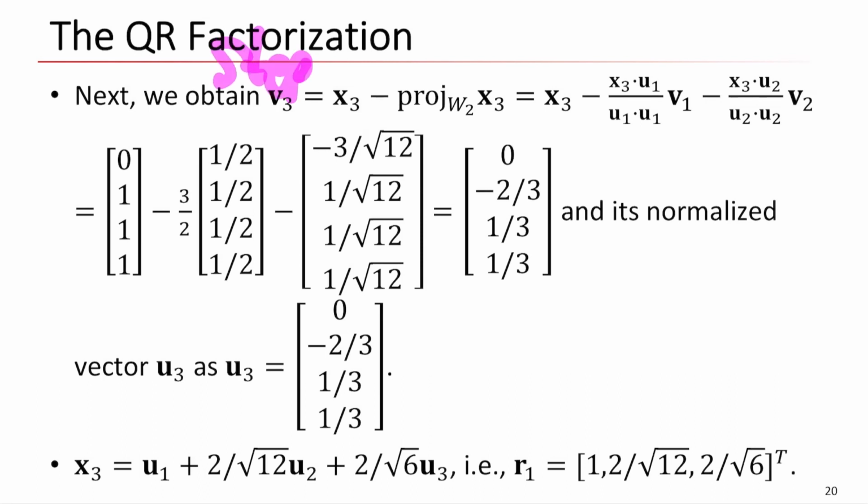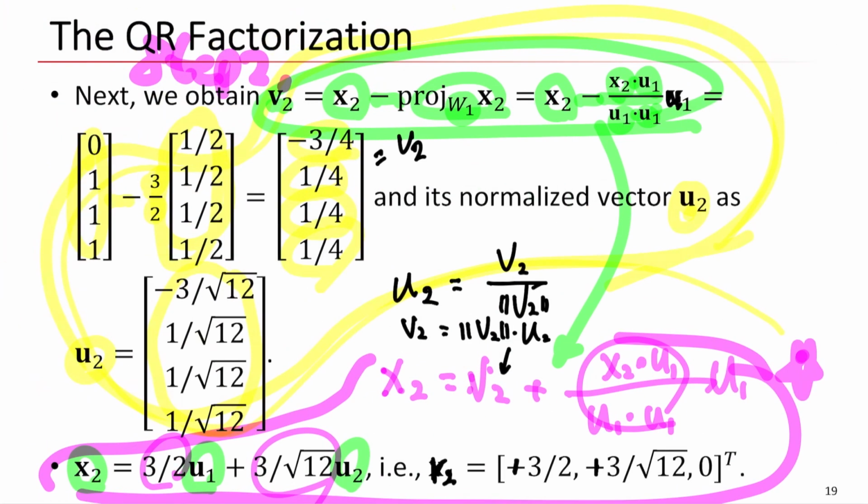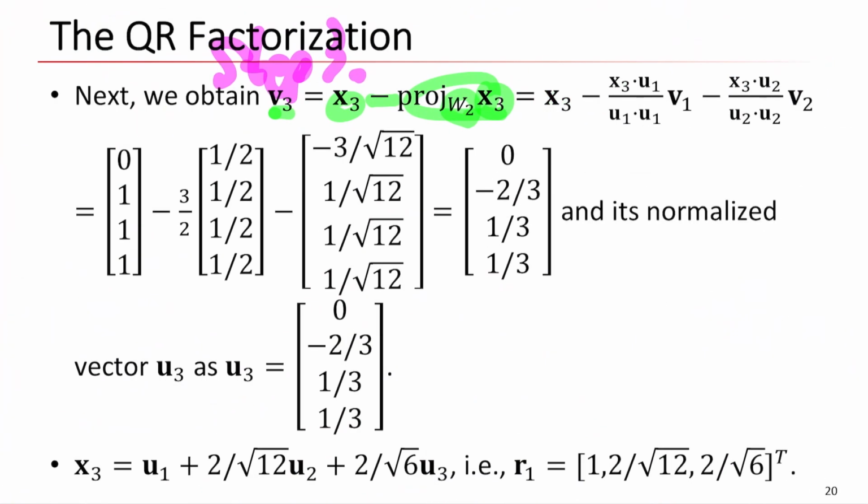Finally, in step 3, we can generate v3 as x3 minus the projection of x3 onto the space W2 spanned by u1 and u2, right? The computation is really intuitive.